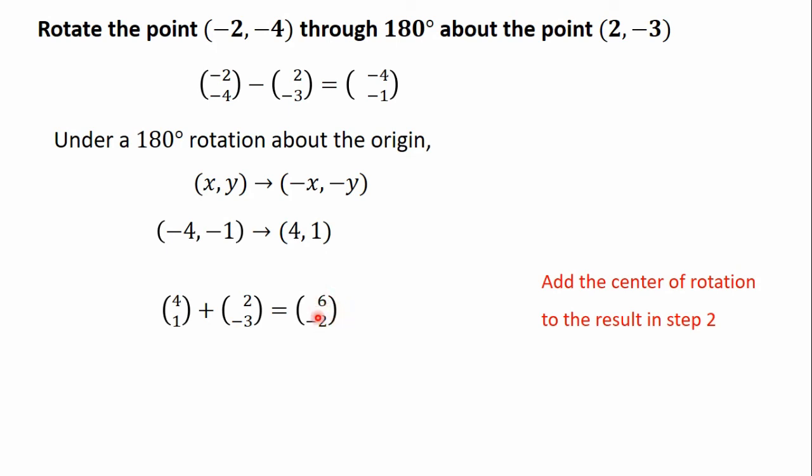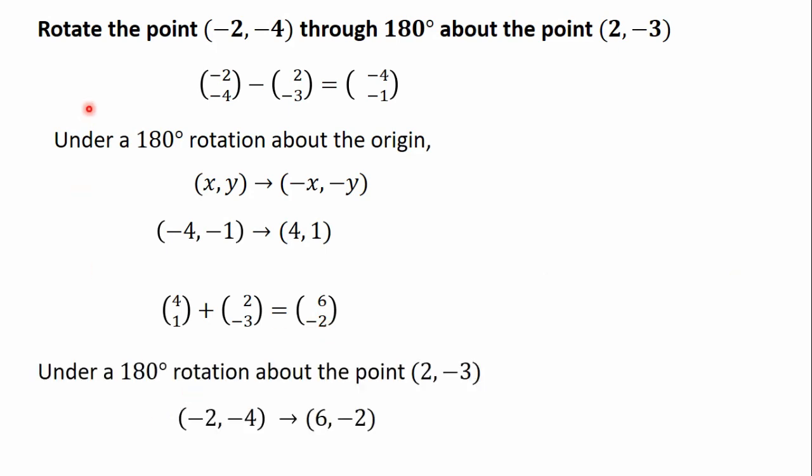And this (6, -2) will give us the image of the point. So this means that when the point (-2, -4) is rotated through a 180 degrees angle about the point (2, -3), (-2, -4) will give us the image (6, -2).